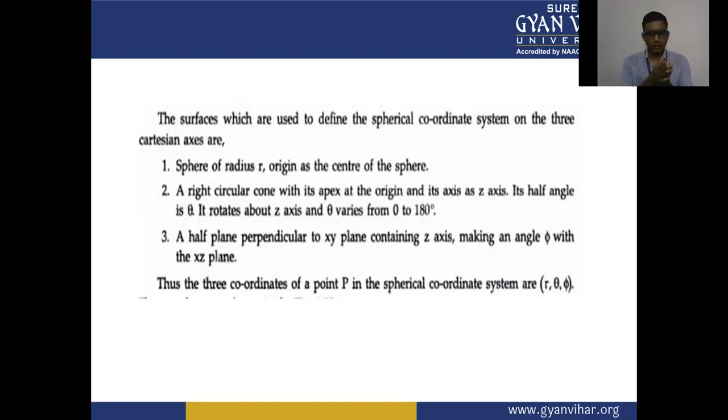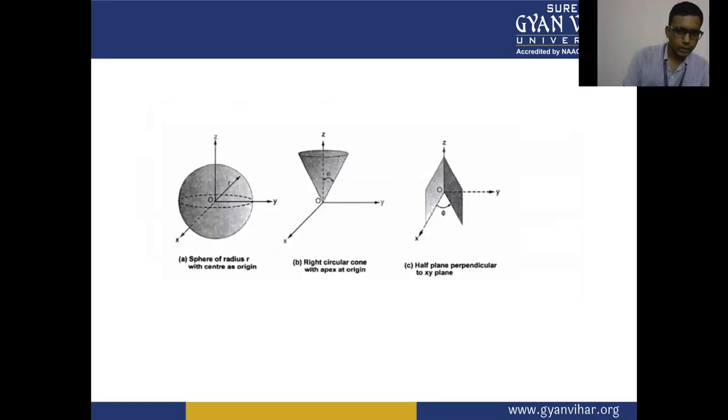Phi is the angle in the xz plane with respect to the axis z. So these three pictures show that the three values r, theta, and phi define a point in the sphere. We are able to understand from the figure first, the sphere of radius r with the center as origin.